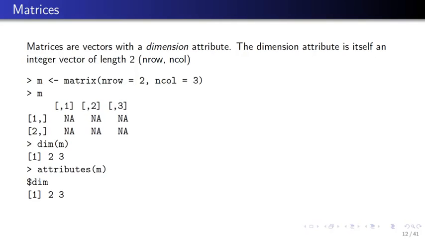If I call the dim function on M, it'll give me the dimension attribute, which in this case says there are 2 rows and 3 columns, because the first number is the number of rows, and the second number is the number of columns. If I call the attributes function on M, it returns a list where the first element is the dim element, and it has the vector 2, 3. So these are all aspects of a matrix, which is a vector that has a dimension attribute.